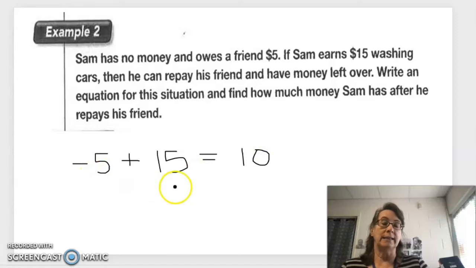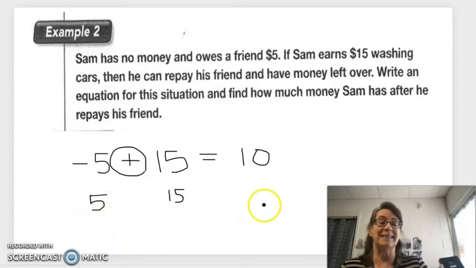If we're looking at it as an addition problem, because these are opposite signs, we're going to actually subtract 15 take away 5. We're subtracting the absolute values of the numbers. The absolute value of -5 is 5. The absolute value of 15 is 15. 15 take away 5 is 10.